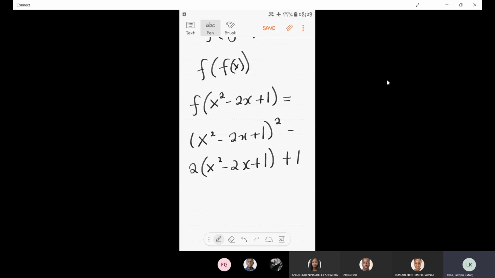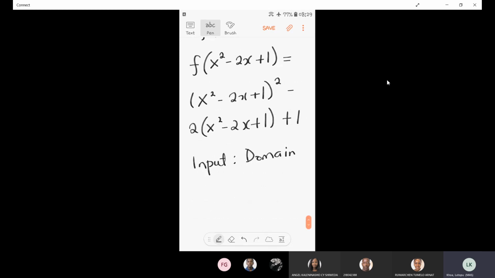Now, just for interest's sake, our inputs are called the domain. And our output is the range. Your domain is what you're allowed to put into the machine.